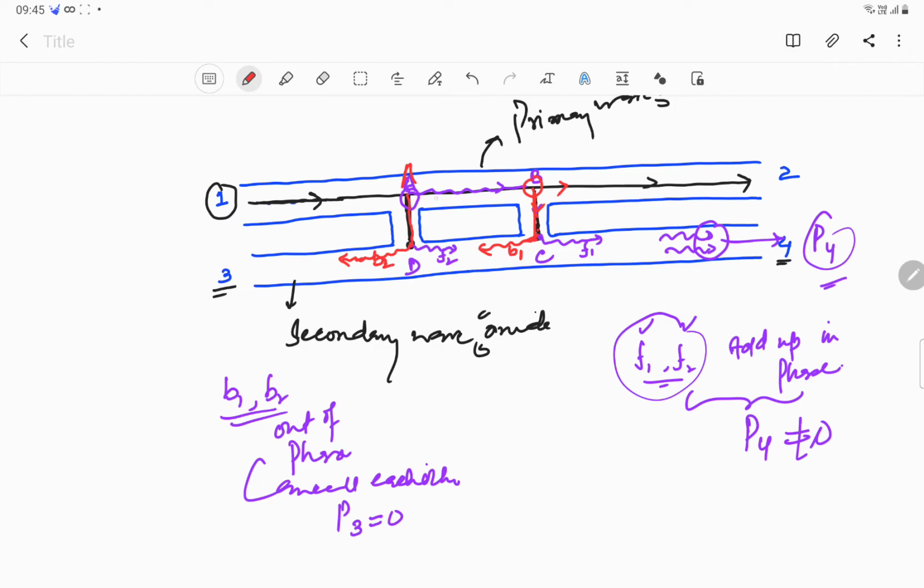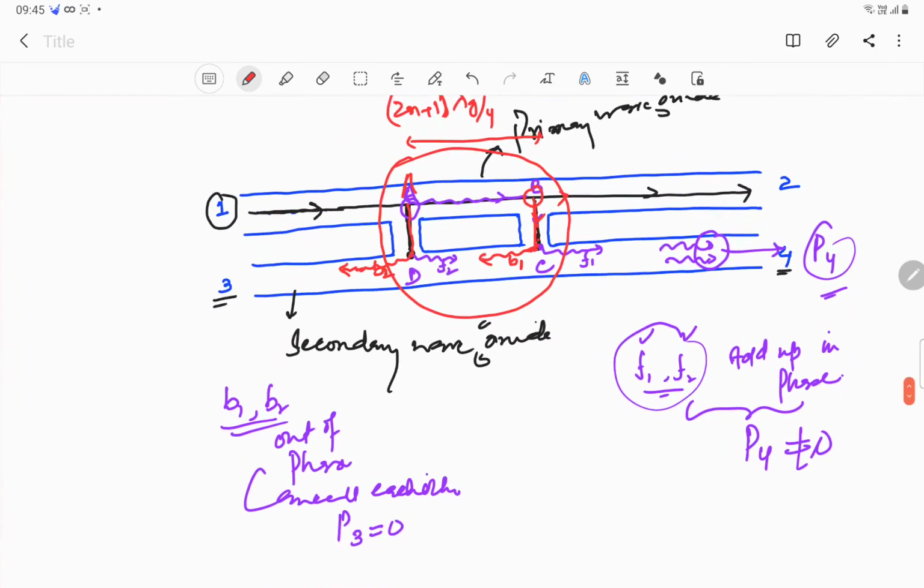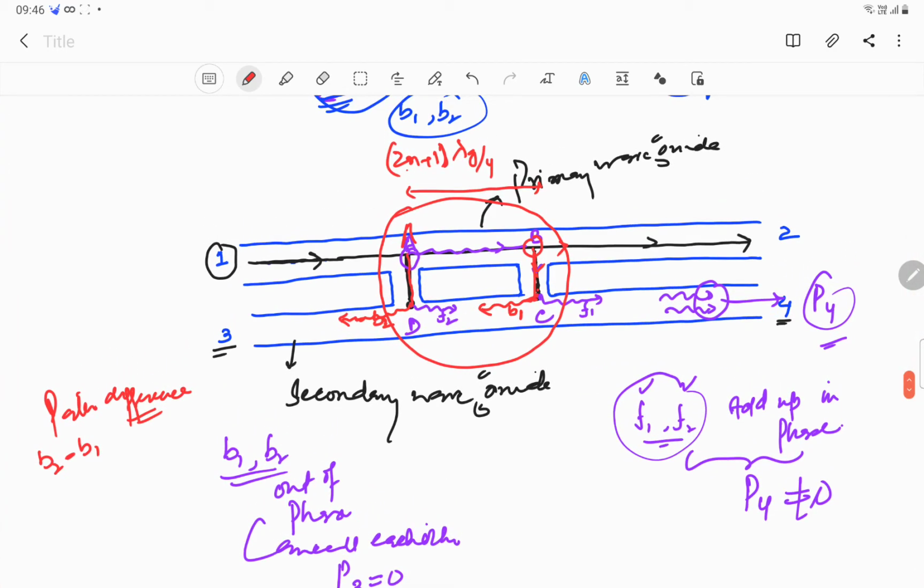Now if we look at this portion, I said the distance between these two holes is an odd multiple of lambda g by 4. It is (2n plus 1) lambda g upon 4. So the path difference between the two waves B2 and B1 can be found as follows. n can be 0, 1, 2, and so on.